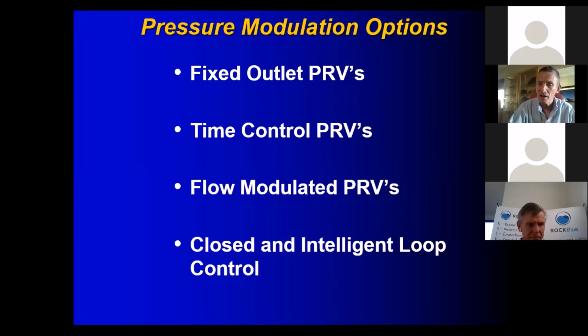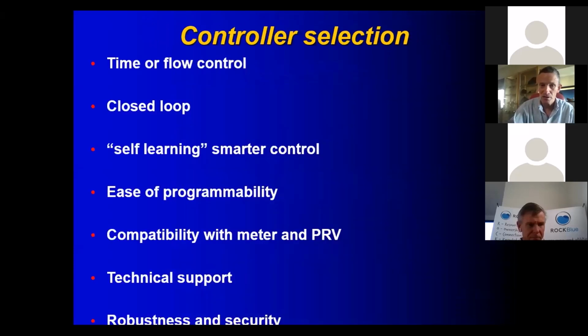And that's where other devices, controllers, electronic controllers, hydraulic controllers come into the picture. These are devices that you can attach to your pressure reducing valve, which will give you greater control over the pressure during the off-peak periods. And any pressure reduction that you can achieve will reduce leakage. And that's what it's all about.